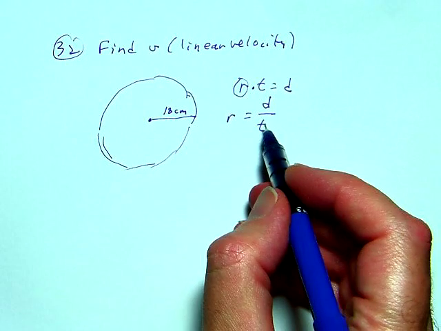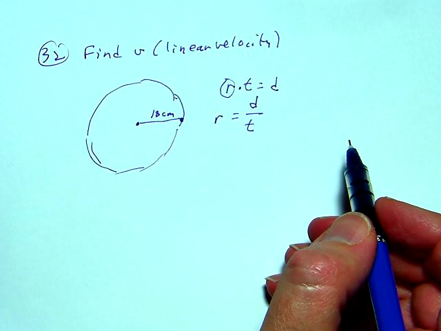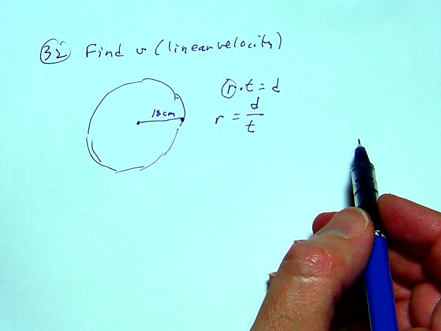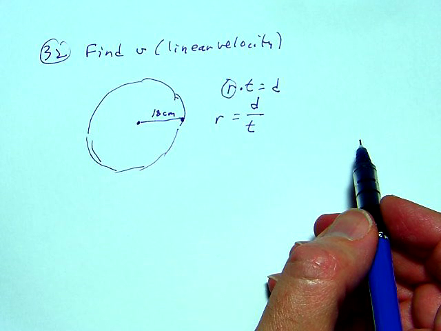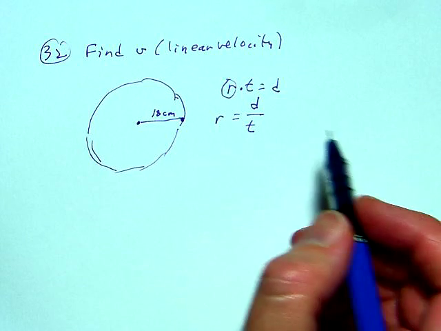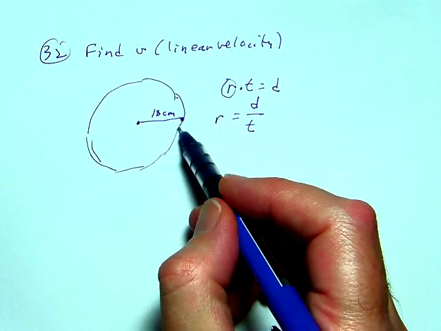What is the distance that a point on the circle would travel in a minute? I say a minute because that's the unit of time we're given. We're given that this is rotating 35 times per minute. So how far would one rotation take a point? That would just be the circumference.